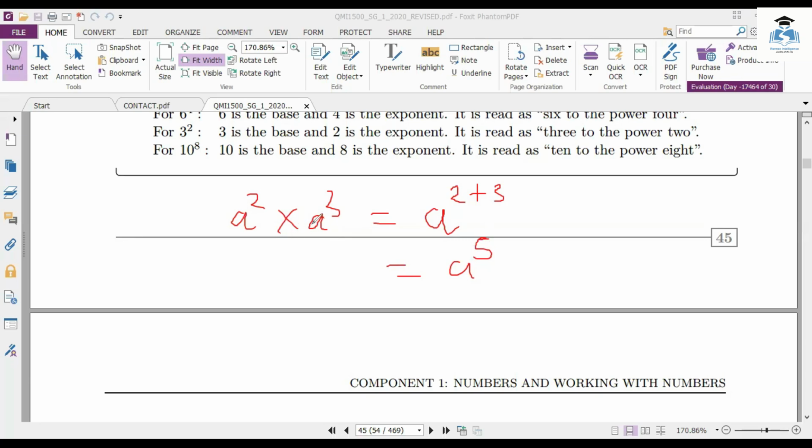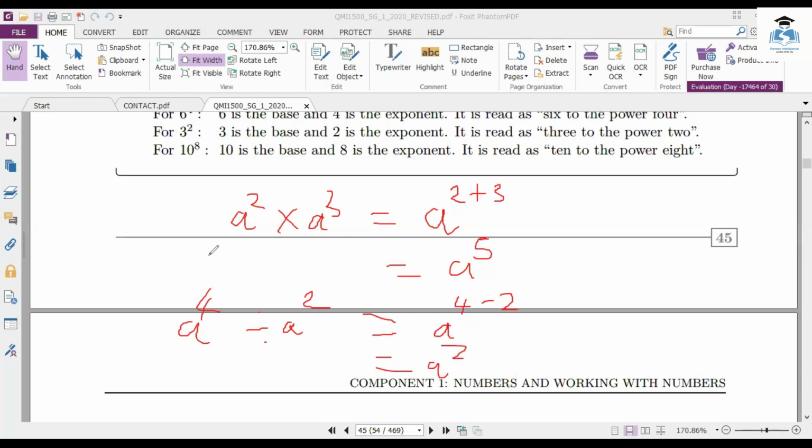So when you have the same base, you just add the exponents, the powers only. When you are dividing a to the power 4 by a to the power 2, the base remains the same, but you subtract the exponents, which gives a to the power 2.